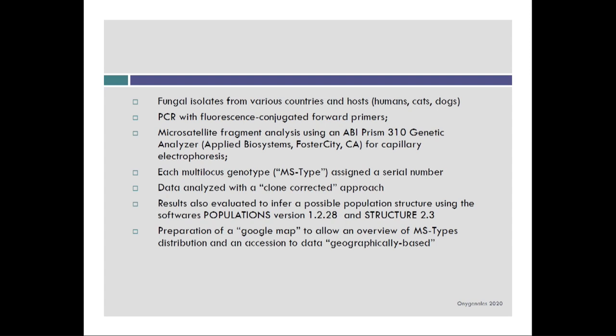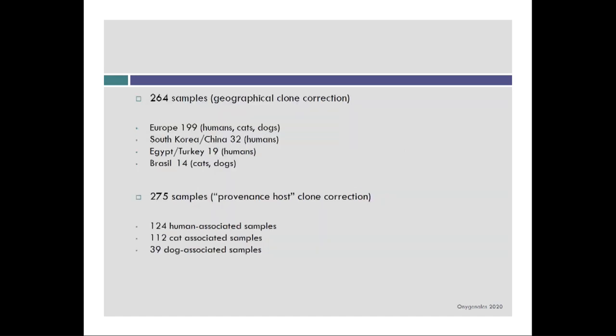We also tried to infer some population structure using some software, and we prepared a Google Map to allow an easier overview of the spatial distribution of the genotypes. Next one, please.